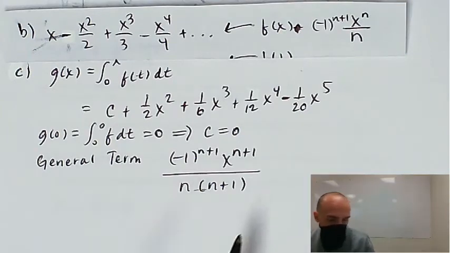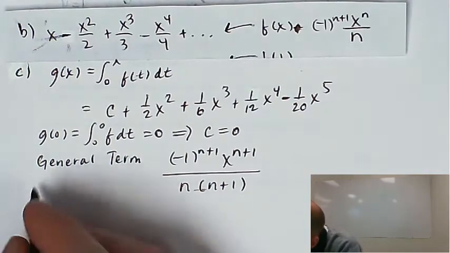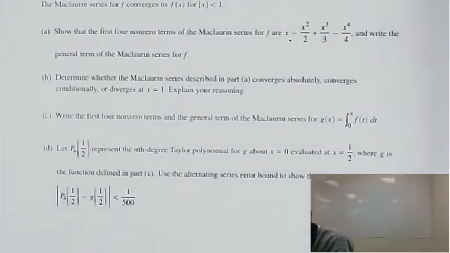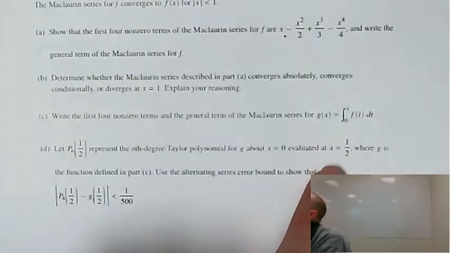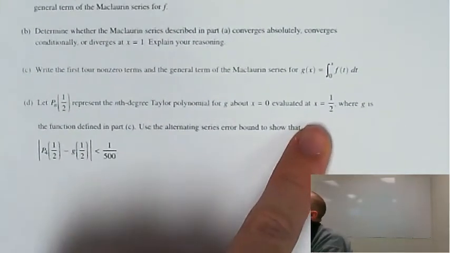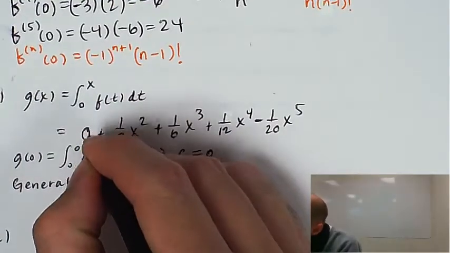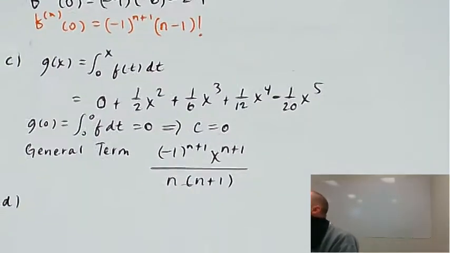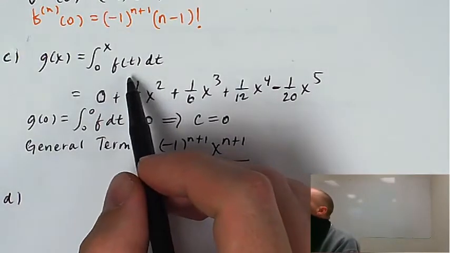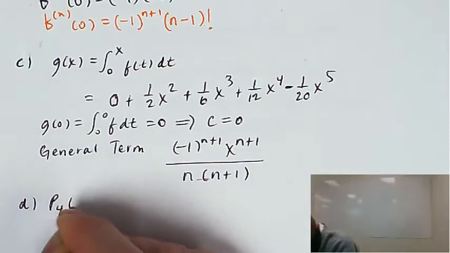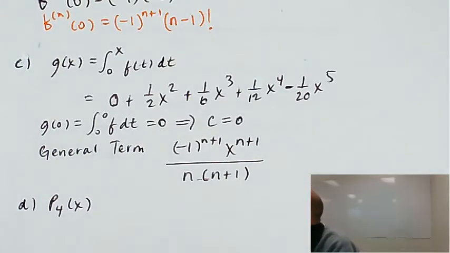That was part C. What is part D? Oh, part D is, I think, pretty nice. So they say, suppose you're going to approximate the value of g of 1/2 using that Maclaurin series. I've got the first 4 non-zero terms, and they said P4 of x is the 4th degree polynomial.